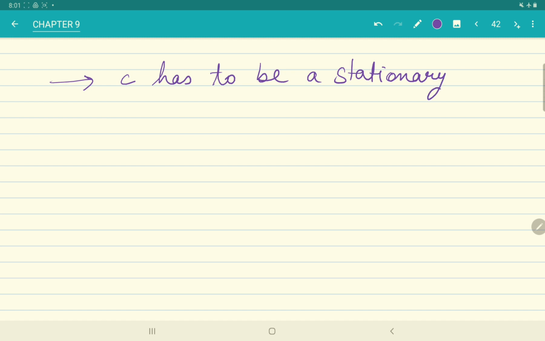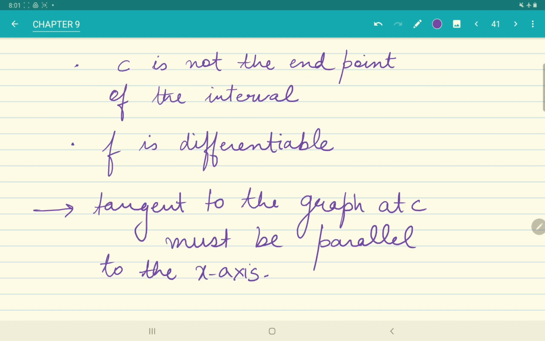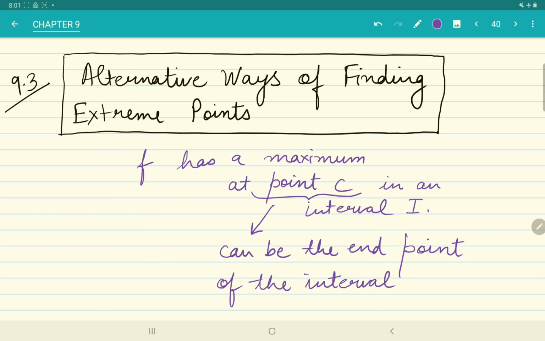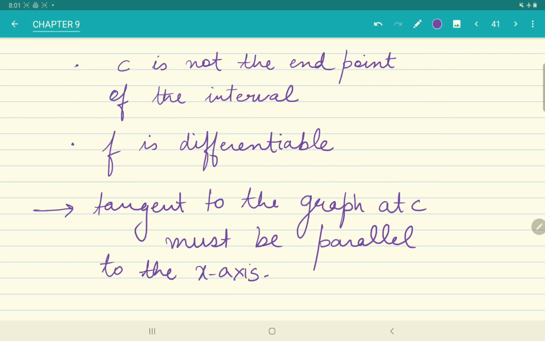And the same conclusion applies if I start with C being a minimum point. So if I say that the function f has a minimum at point C in the interval I, this point C is not the endpoint of the interval, and f is differentiable, that just means, again, the tangent to the graph at C must be parallel to the x-axis. Again, that means the point C must be a stationary point. What does that mean?